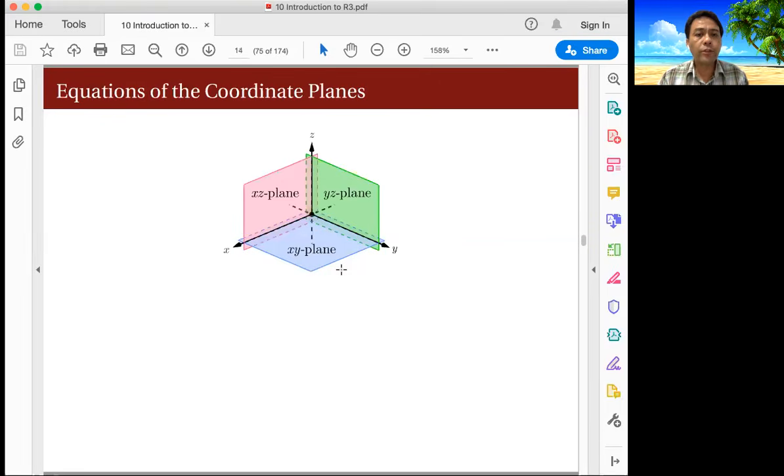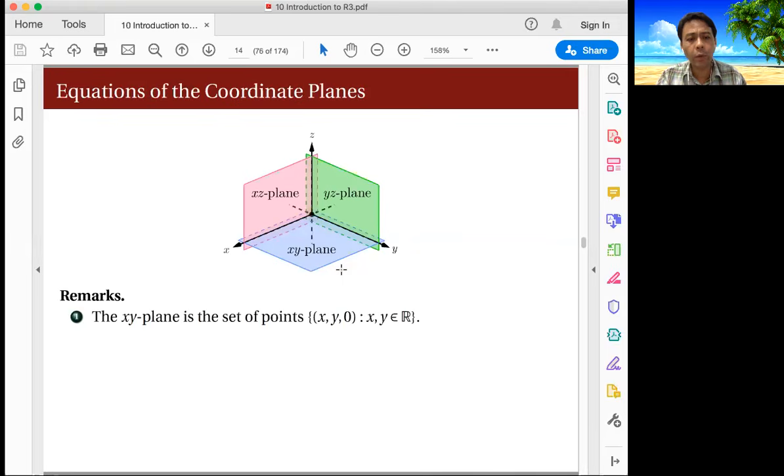So what are the equations of the coordinate planes? First, let's look at the xy plane. Now, what are the points on the xy plane? We said that a point on the xy plane has coordinates x, y, 0. So x and y can take any value in R, but z is always 0, or z equals 0. And that is an equation. In fact, z equals 0 is the equation of the xy plane.